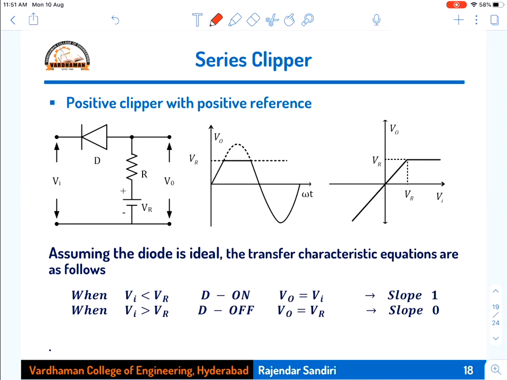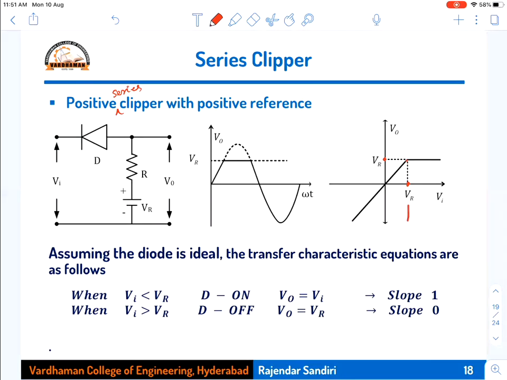This is a positive series clipper with positive reference. Positive reference means we have taken it here on the x-axis, and similarly we will take the positive reference on the y-axis. So this is the point.